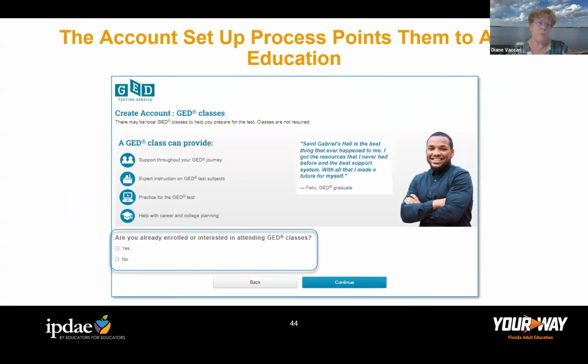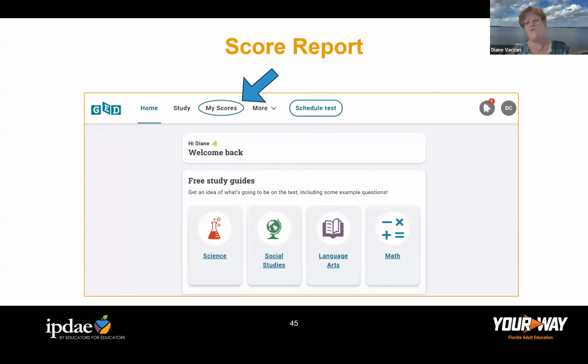During that account setup process, it does point them to adult education and ask them if they're already enrolled or they're interested in attending GED classes. Once that question is answered with yes, they choose a program. So they can get connected to your program if your program is part of that GED Prep Connect.